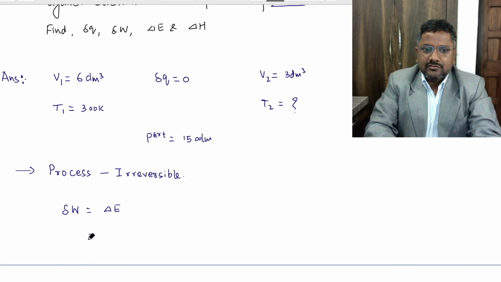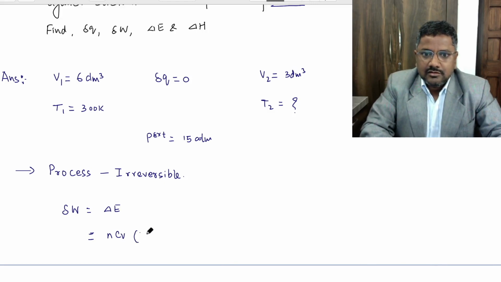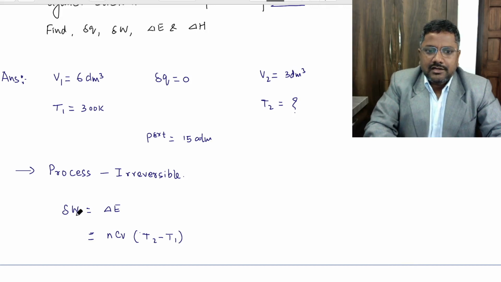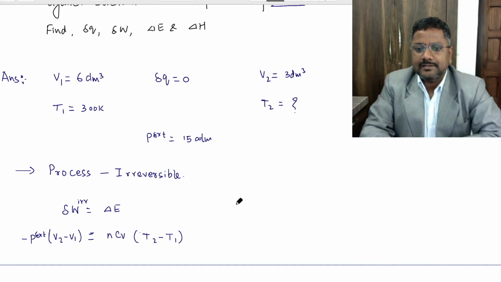This is equal to n Cv delta T, that is T2 minus T1, and delta W irreversible is equal to minus P external times V2 minus V1, right?